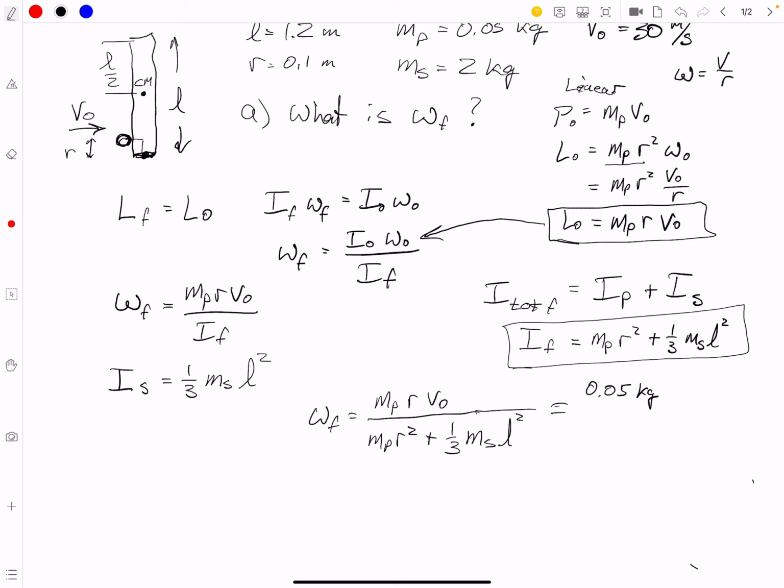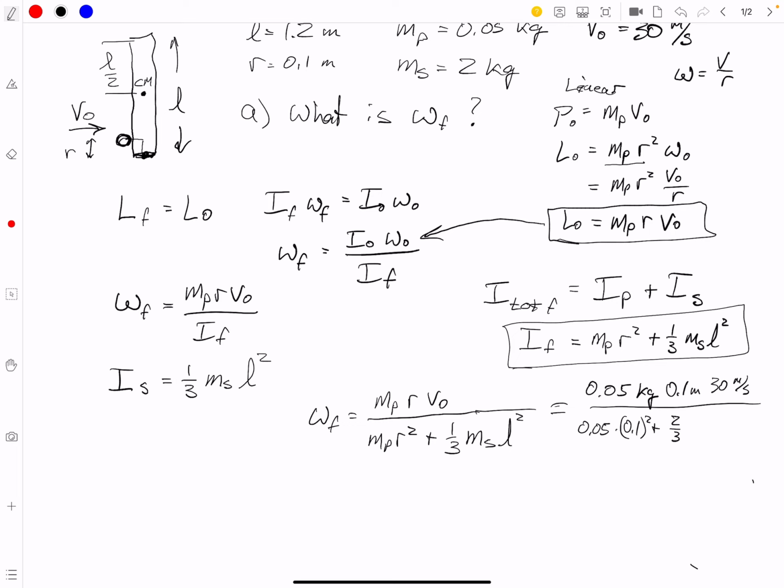How did I get rid of? I did not get rid of it. 0.1 meters, 30 meters per second, 0.05. I'm not going to put units down here. I don't have enough room, I'm sure. 0.1 squared plus 2/3. 2 is the mass of the stick, 3 is the 1/3.